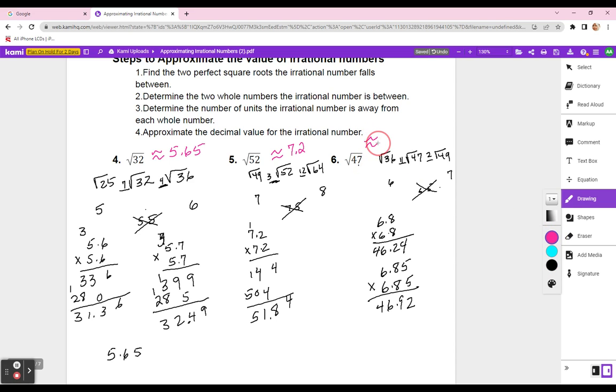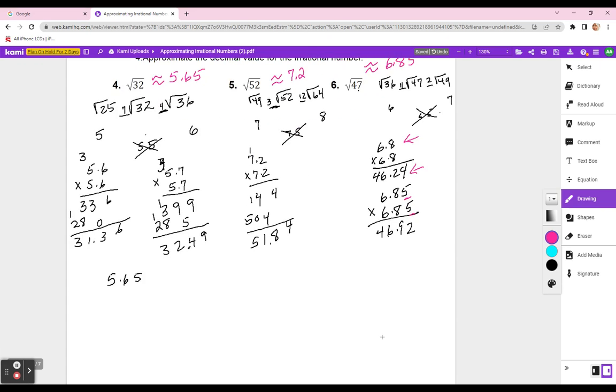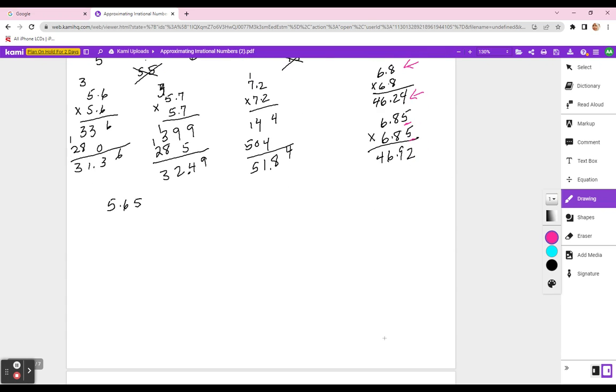So around 6.85. All right, so if you notice that 6.8 is a little less than you would like, then you could go ahead and increase that by 0.05 of a point, like I did here. Okay, and then you can try that. All right, let's go ahead and go to the next page.